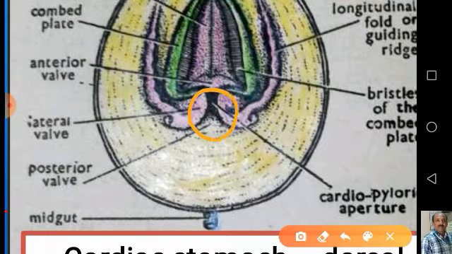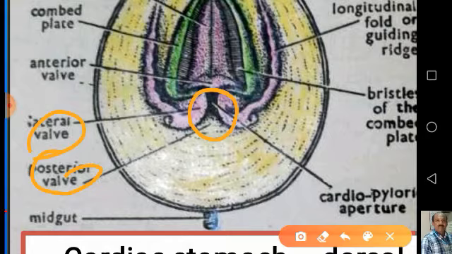This cardiopyloric aperture leads into the small pyloric stomach, and there are valves also present. When the food passes through the cardiopyloric aperture, these valves control the passage of the food into the pyloric stomach.